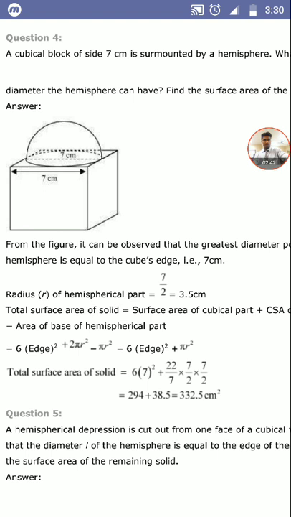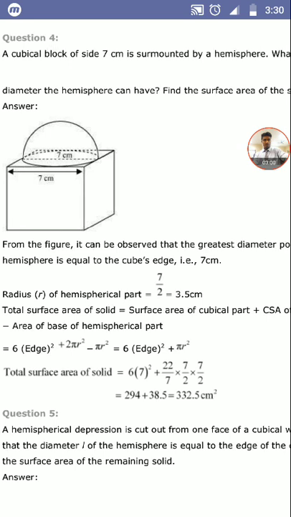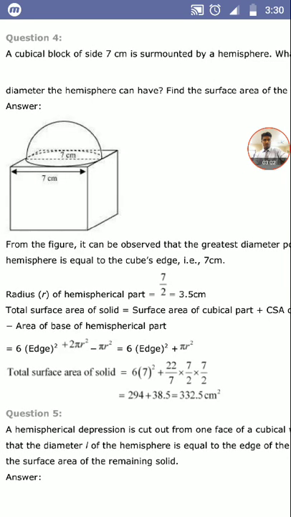Okay, it is not included in the curved surface area. So your total answer will be 6 edge square plus pi r square, and having substituted the values of the edge as 7 and radius as 3.5, you'll get the answer to be 332.5 centimeters. Okay, please pause the video to note it down.